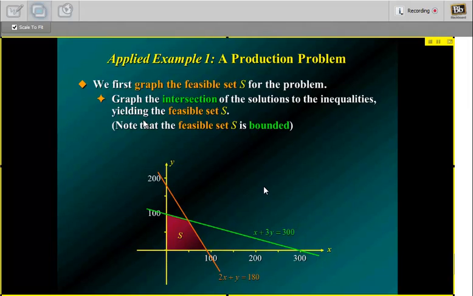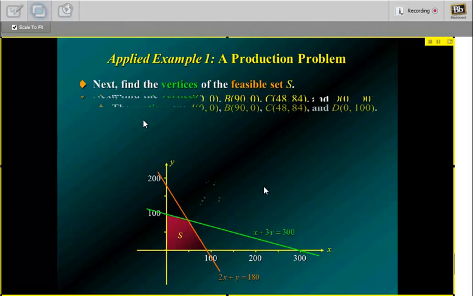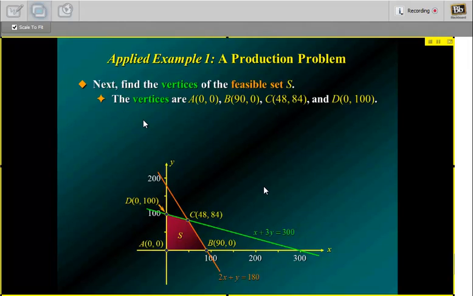We will find the intersection point by solving both these 2 equations. When we solve lines 1 and 2, these are the coordinates we can find.